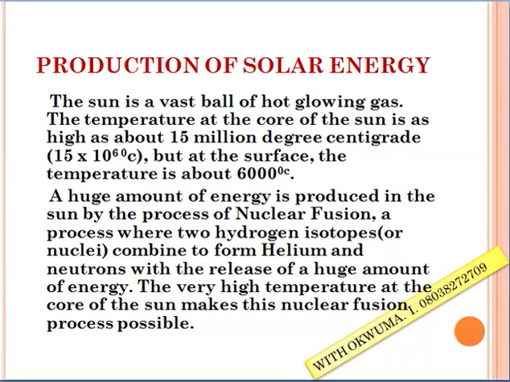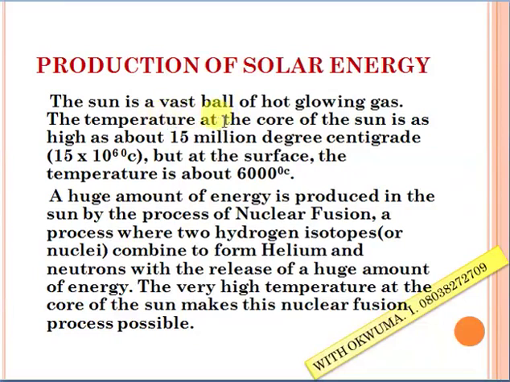Now we look at production of solar energy. Now the sun is a vast ball of hot glowing gas. When you look up to the sun, it looks like a ball and is very, very hot.